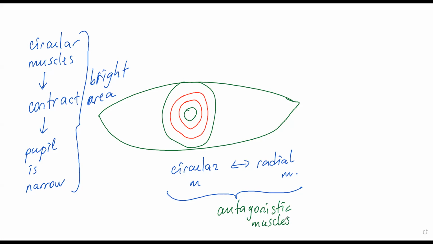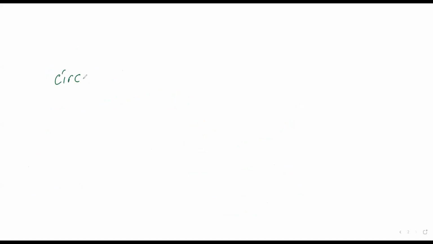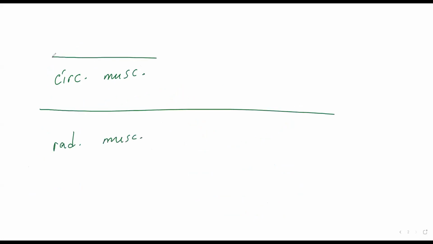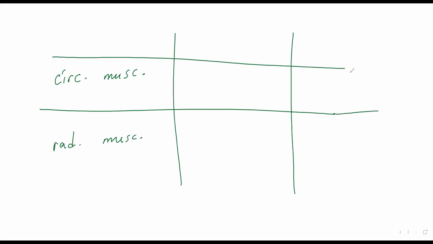So if we make a table about these two muscles, I'm repeating again, we have circular muscles and radial muscles. So when you are in a dark area, circular muscles relax, but radial muscles contract.